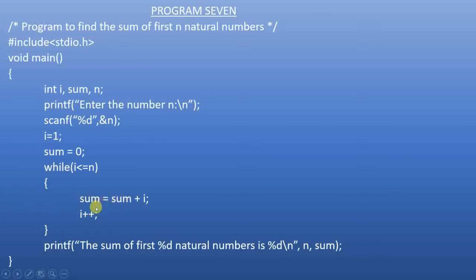Block means a group of statements written inside a pair of braces or flower brackets. So under this while, I have a block of statements, and this block will be repeated as long as this condition is true.